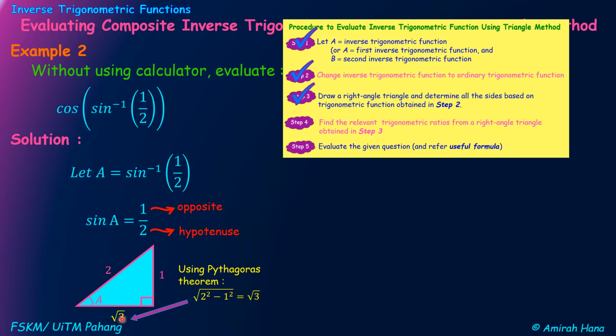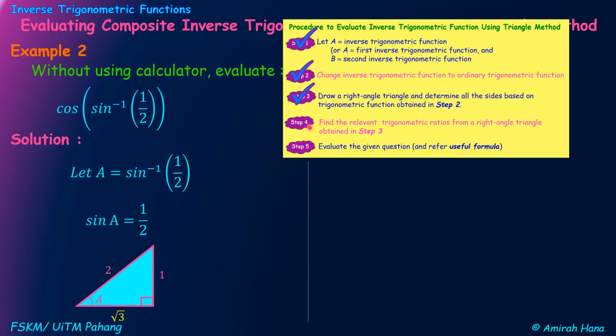After we determine all the 3 sides of the right angle triangle, we can continue with step 4. Find the relevant trigo ratios from the right angle triangle obtained in step 3. From the triangle, we have all 3 sides, so we can list down all 6 trigo ratios, but we just write the relevant trigo ratios only.